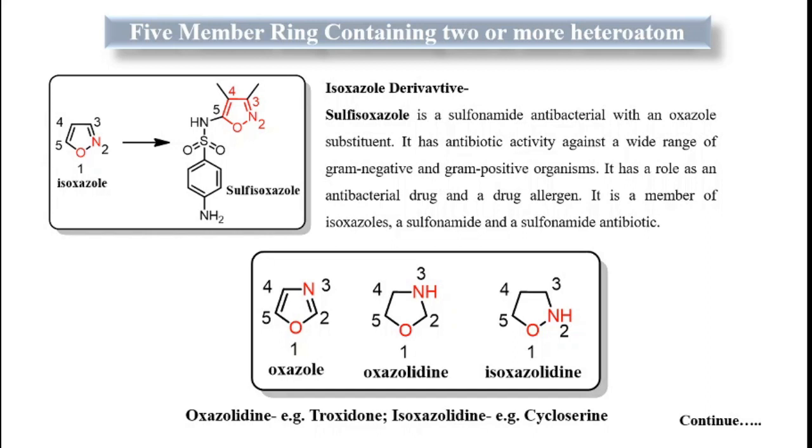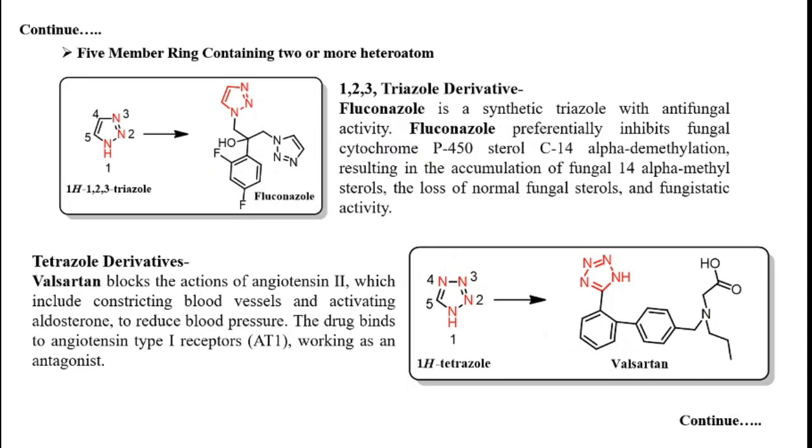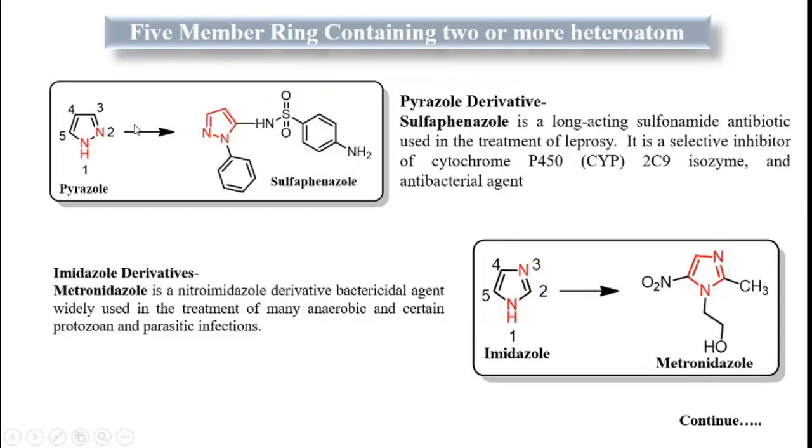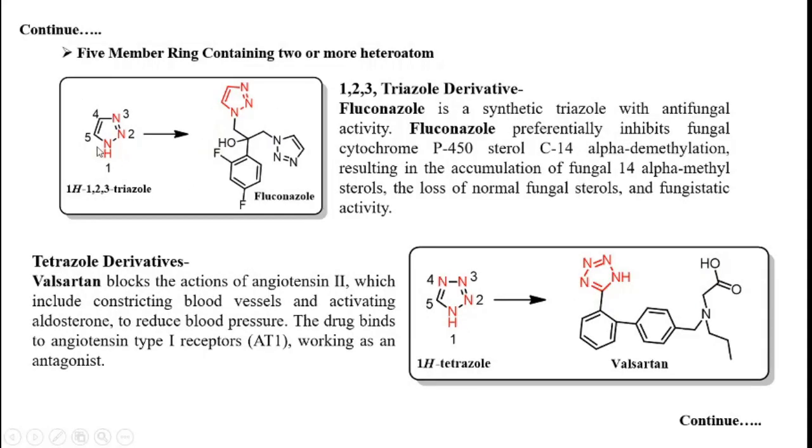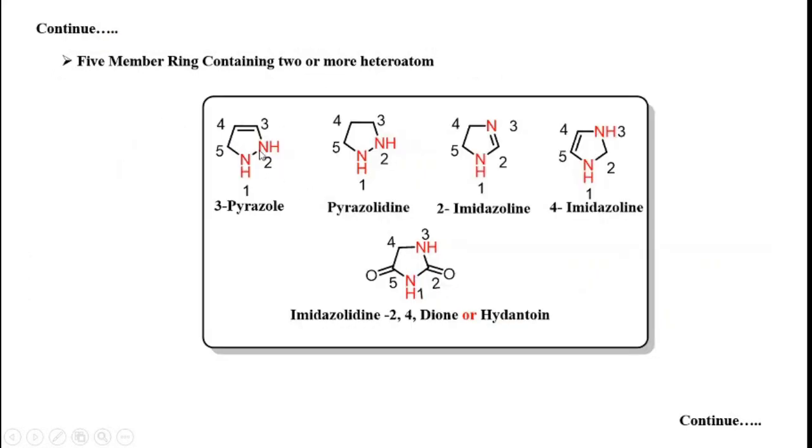In the next lecture we will discuss the 5-member ring containing 2 or more heteroatoms, in that case, isoxazole. In the previous part, we saw 2 or more heteroatoms, but the same heteroatom, both the same, only the position was different.